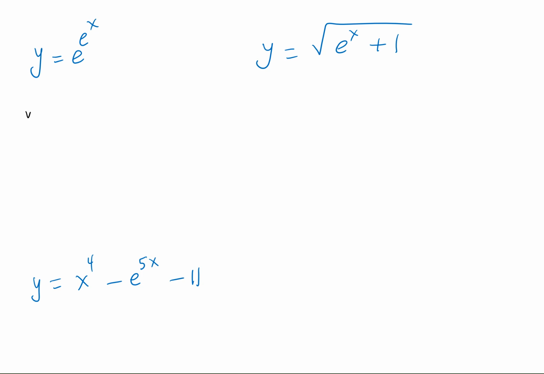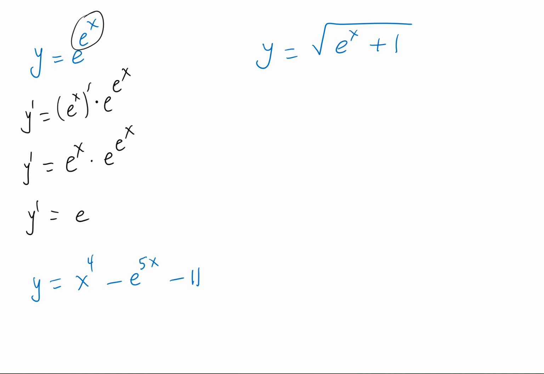We got y prime is the derivative of the top times itself. What's the derivative of e to the x? It is itself. You can leave it like this, or because they have the same base, e, we add the exponents: e to the x plus e to the x.